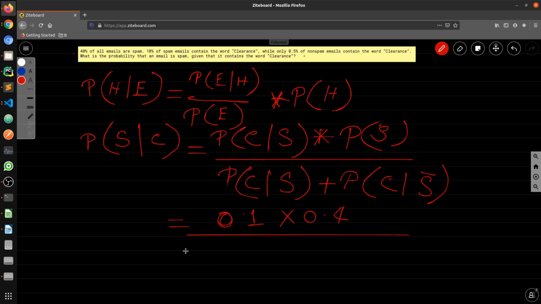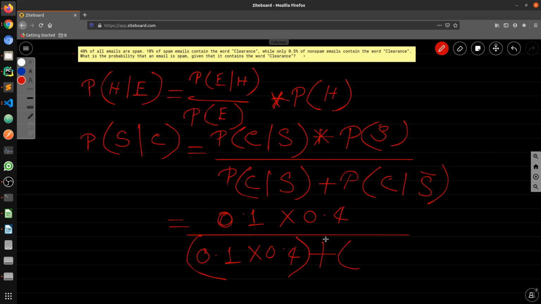The denominator will be the probability of clearance given a spam email, which is 0.1 into 0.4, as 40% of the emails are spam.